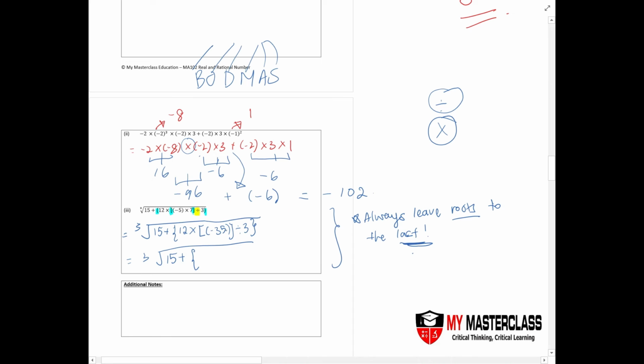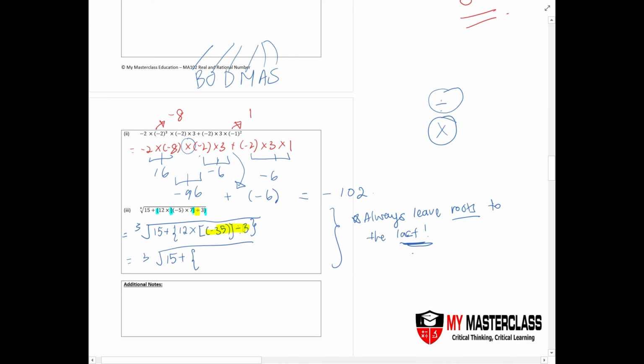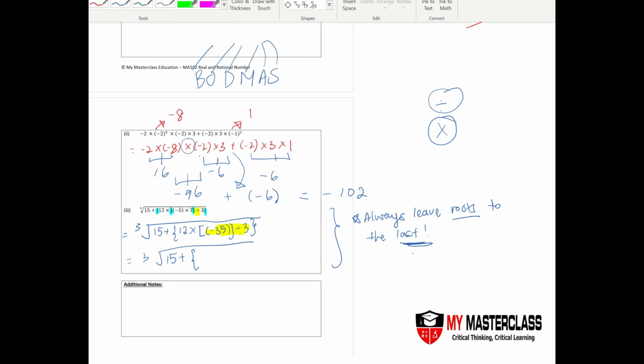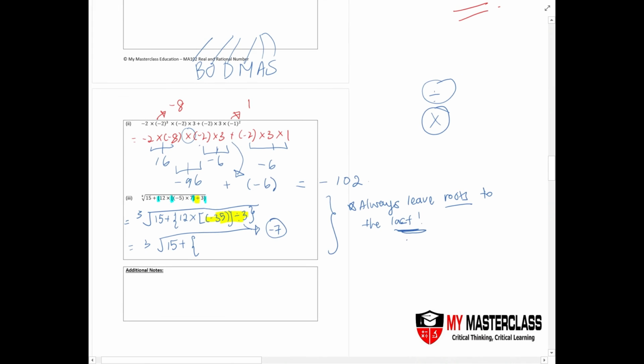So I'll take this divided by 3 first. I'll take negative 35 and divide by 3, and then I'll multiply this. This would give me a negative 7. I'll multiply it by 12. Negative 7 multiplied by 12 will give me an eventual negative 140. Then when I take the cube root again, I'll have 15 minus 140.